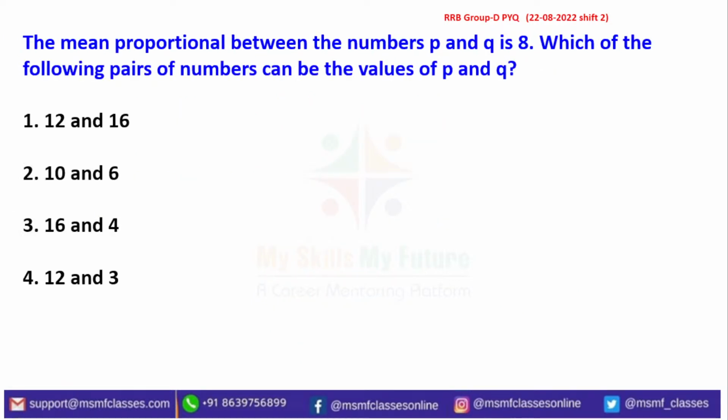Here, see the question. The mean proportional between the numbers p and q is 8. Which of the following pairs of numbers can be the values of p and q? What is meant by mean proportional? The actual form is p is to 8 proportionate to 8 is to q.